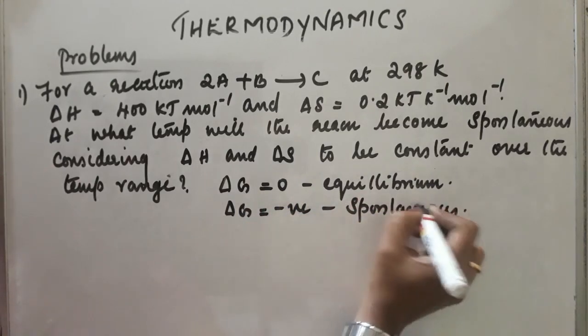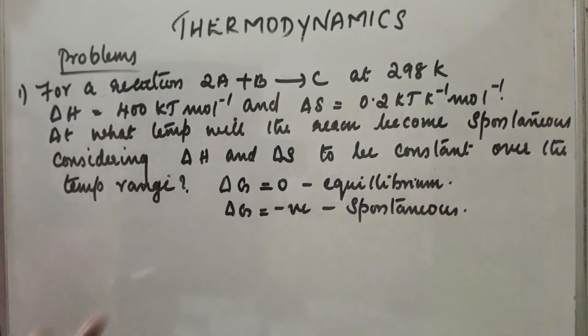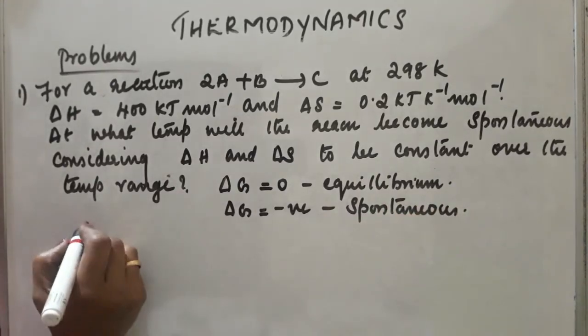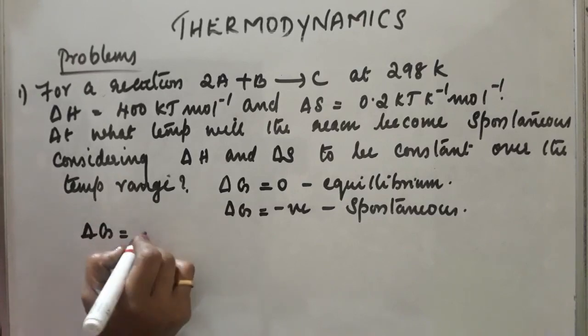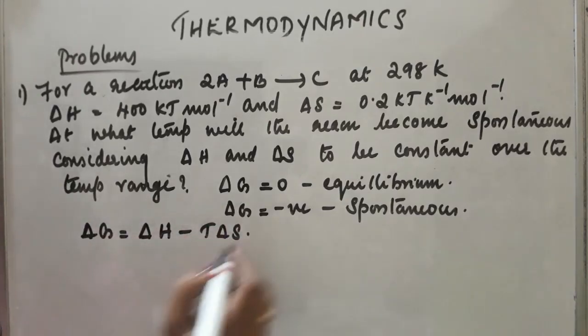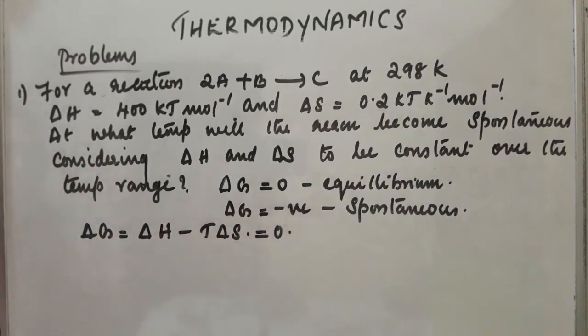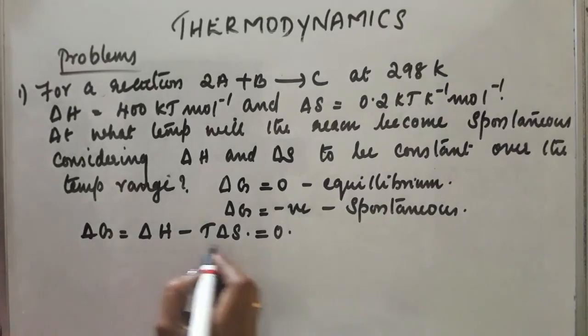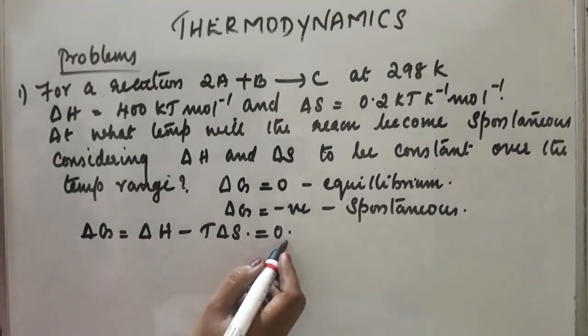So we have to find the temperature when delta G is negative. And also we know the formula delta G is equal to delta H minus T delta S. This will be equal to 0 at equilibrium. So at equilibrium, delta H minus T delta S is equal to 0.